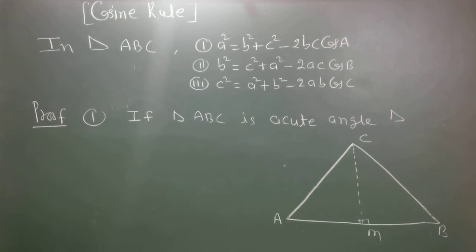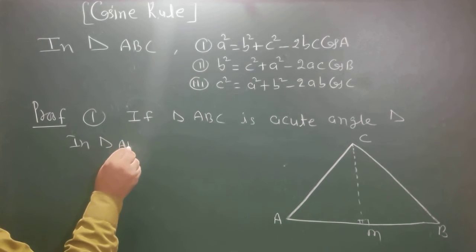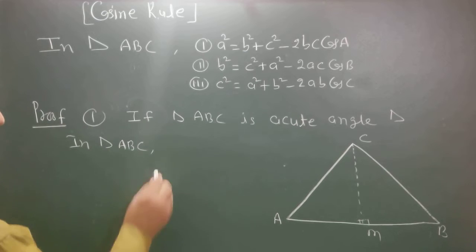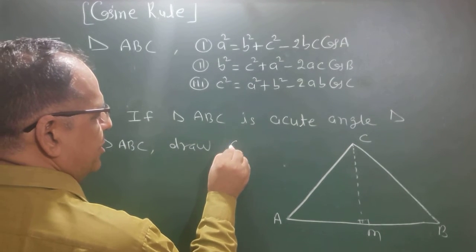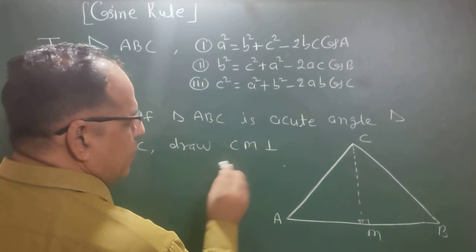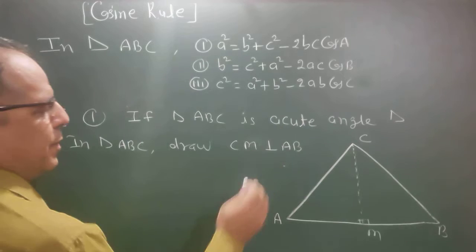So in triangle ABC, draw CM perpendicular to AB.